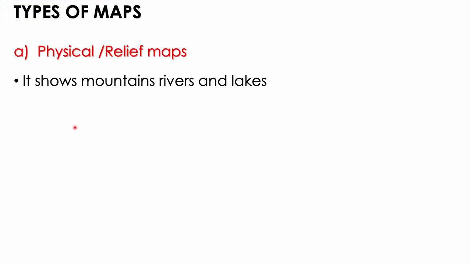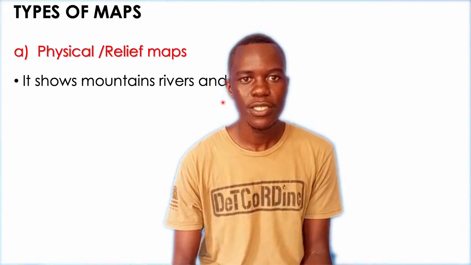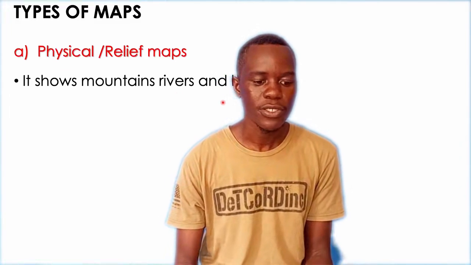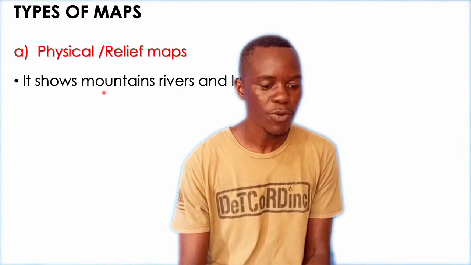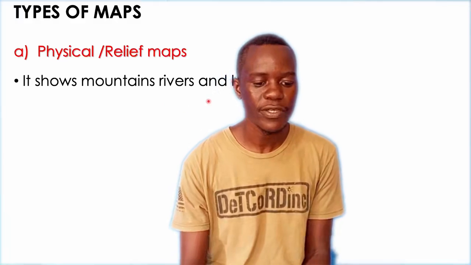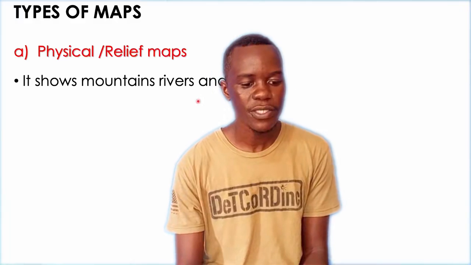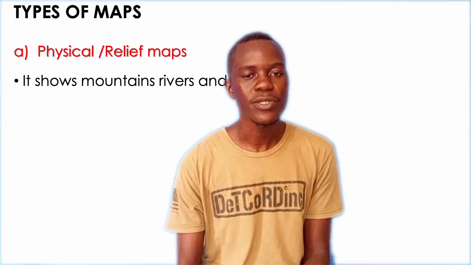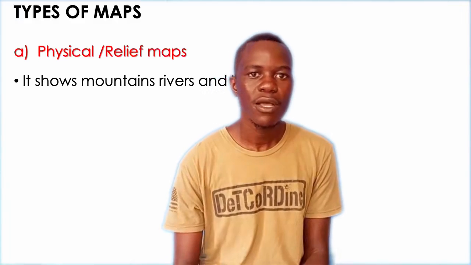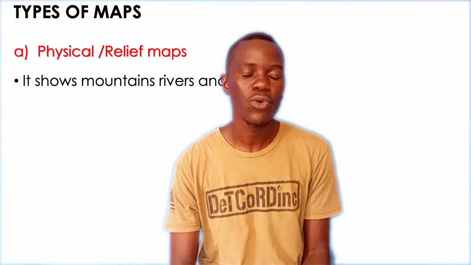This physical map usually shows mountains, rivers, and lakes. So you have features of the world, and some of these features are mountains, rivers, and lakes. Usually when you see these features on a map, it tells you that this map is a physical or relief map.